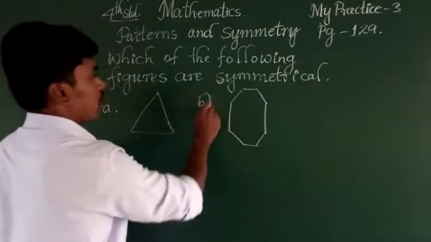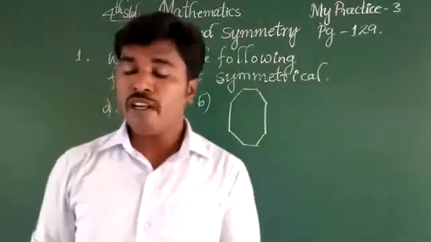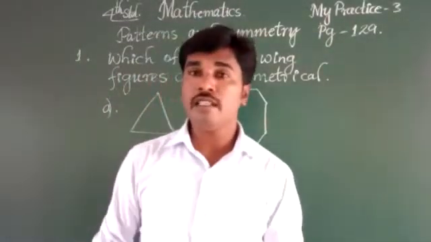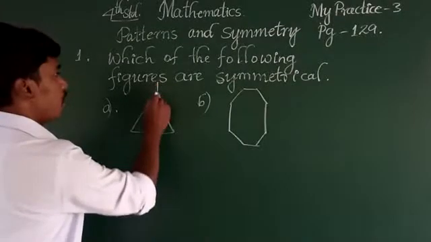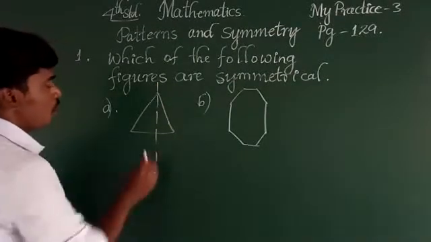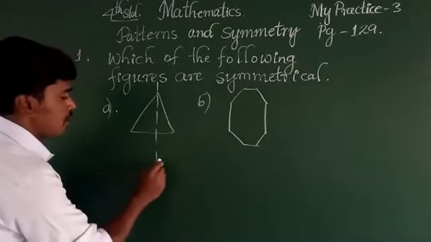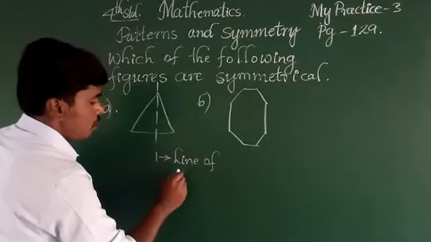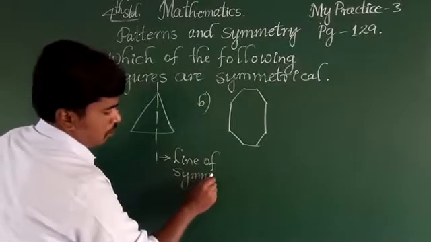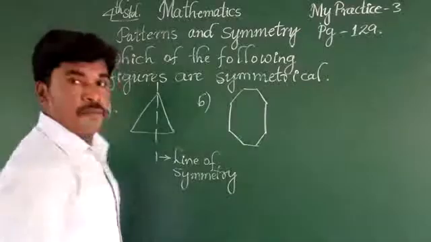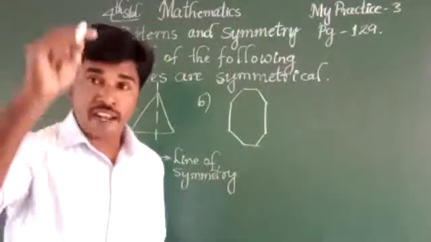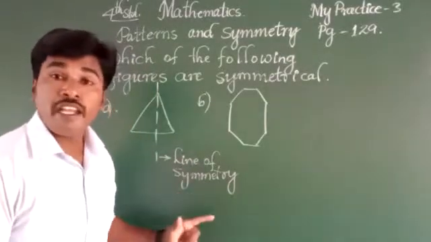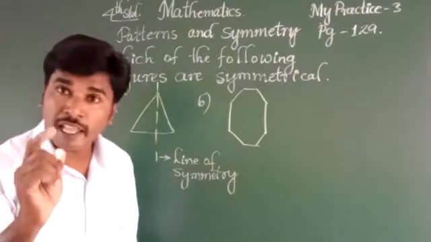So observe here, what are symmetrical figures? If we draw imaginary lines like dotted lines like this, this line is called the line of symmetry.